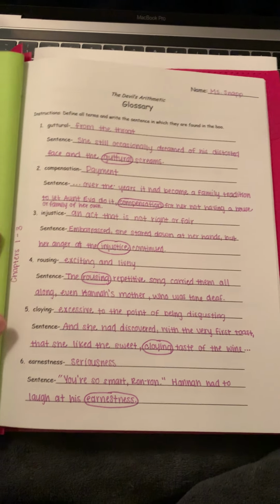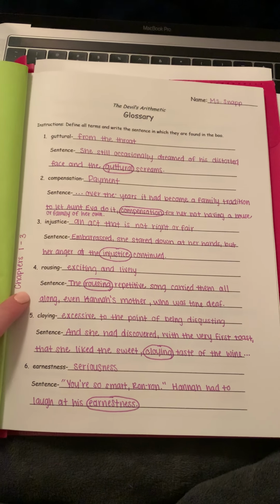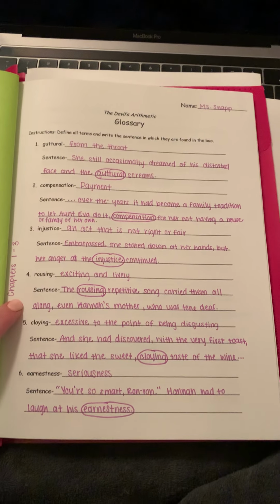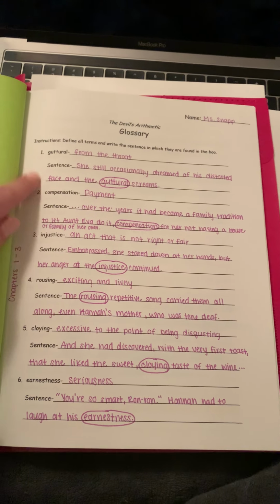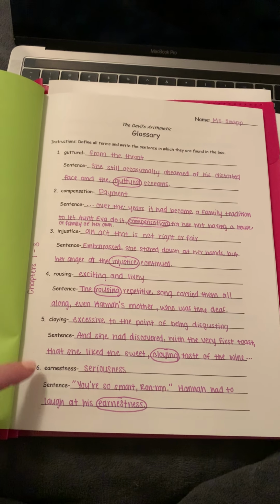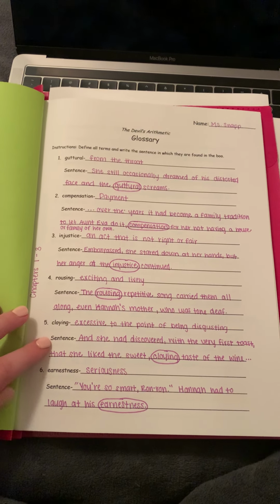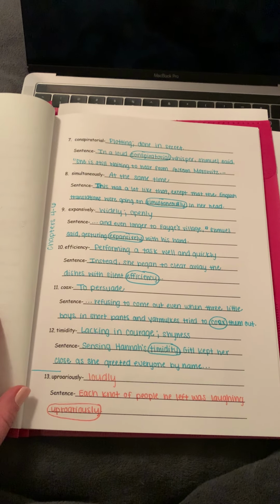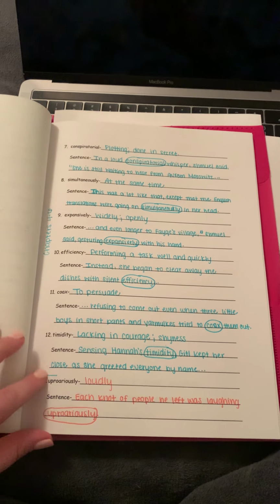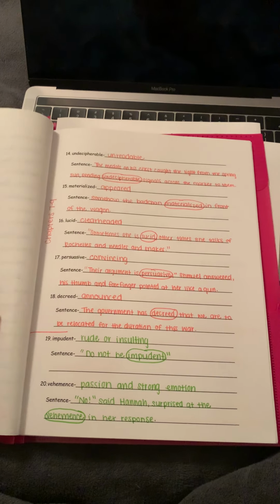For the glossary, I have it split up into sections. This one is chapters 1 through 3, and it just has the 6 vocab words, as well as the sentence in which they are found in the book. Here's chapters 4 through 6, and the beginning of 7 through 9.